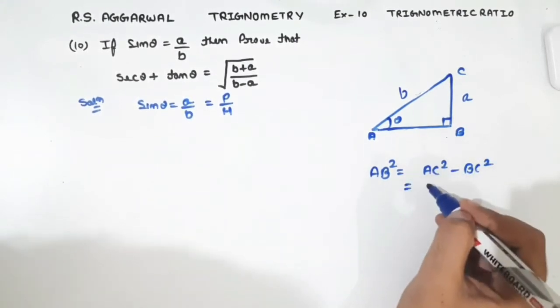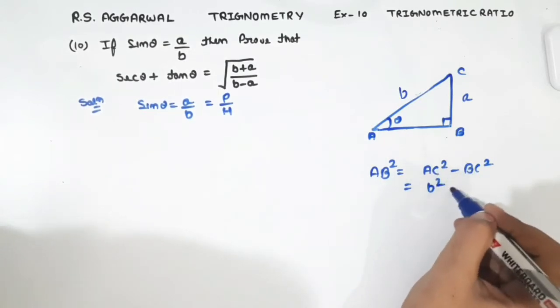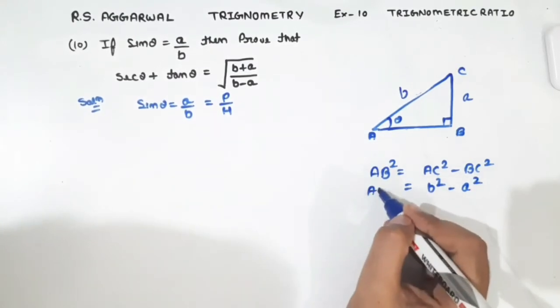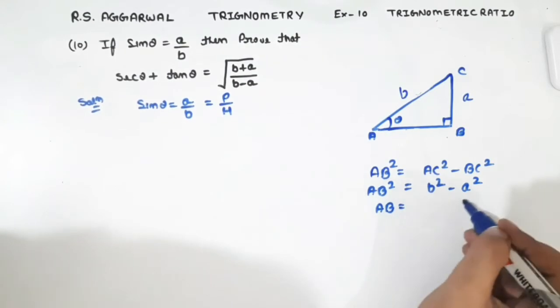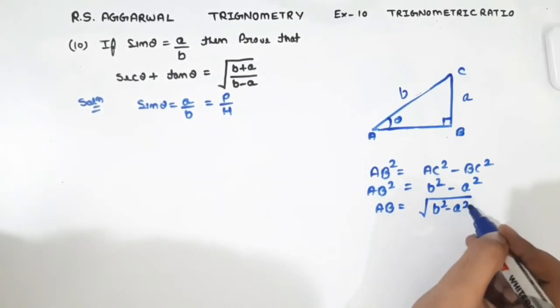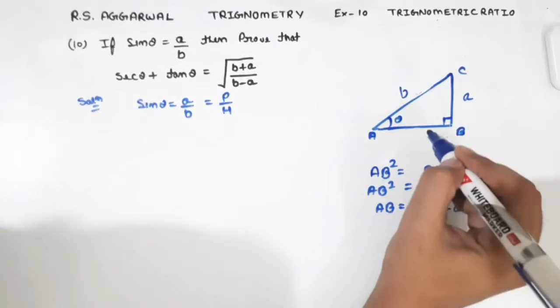So AC is B, so B square, and BC is A, that means A square, that is AB square. So from here AB will be under root B square minus A square. So this is our base.